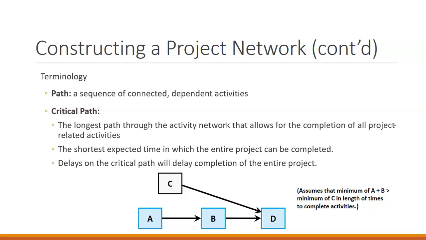The critical path is the longest path through the activity network that allows for the completion of all project-related activities. This is the shortest expected time in which the entire project can be completed. Any delays along the critical path will delay the completion of the entire project.